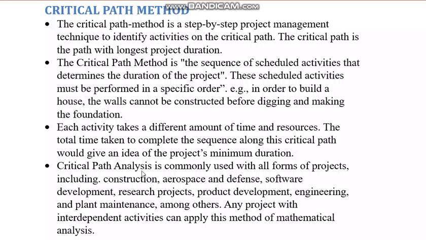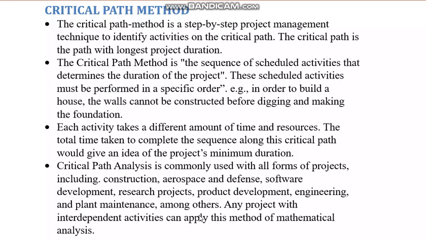Critical path analysis: when you study and analyze that critical path, it becomes critical path analysis. It is commonly used with all forms of projects, including civil construction, aerospace projects, defense projects, software development projects, research projects, product development projects, engineering and plant maintenance projects, and many other such things.